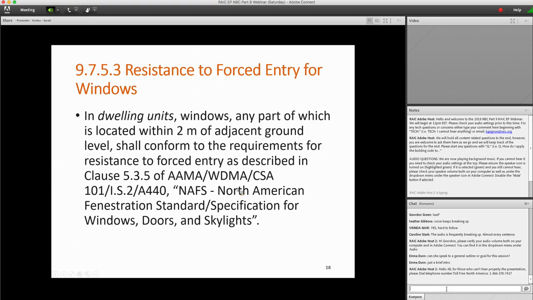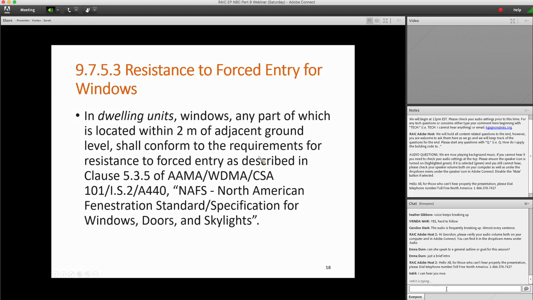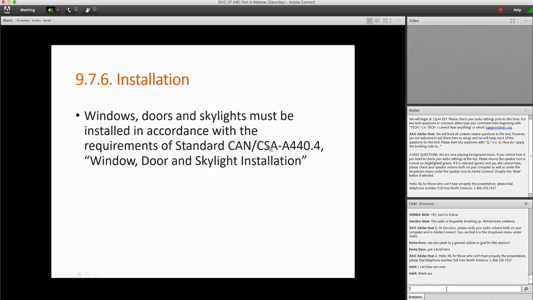And this is something you can also put into your specification. Windows, doors, and skylights must also comply with the requirements of the CSA standard A440.4 for window, door, and skylight installation.